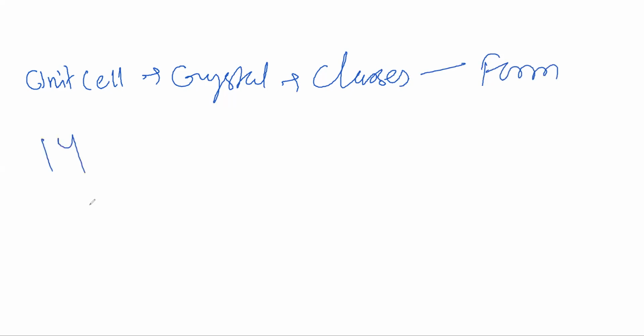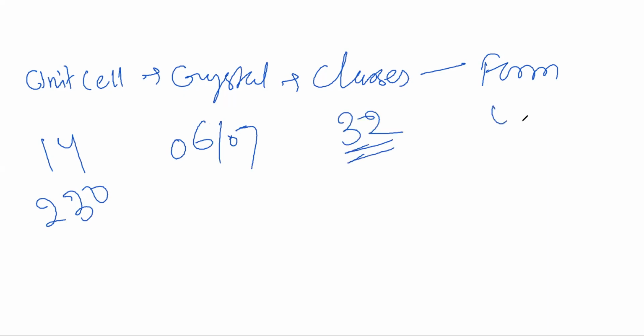There are 14 Bravais units, but a total of 230 space groups, and there are 6 or 7 crystal systems. There are 32 classes, that's fixed. There are a total of 48 forms, that's again fixed. Naturally, we are saying. Synthetically, there can be different things. All right.